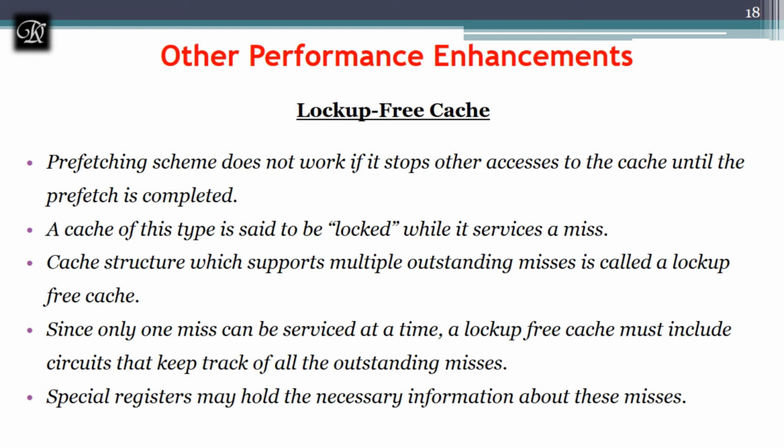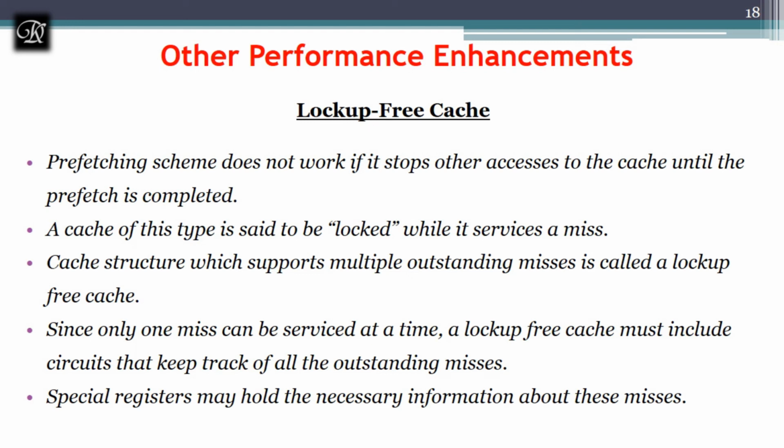So when others are using it, the cache will be locked. A cache structure which supports multiple outstanding misses is called a lockup free cache. Otherwise, only one miss can be serviced at a time, and we cannot serve more than one miss.